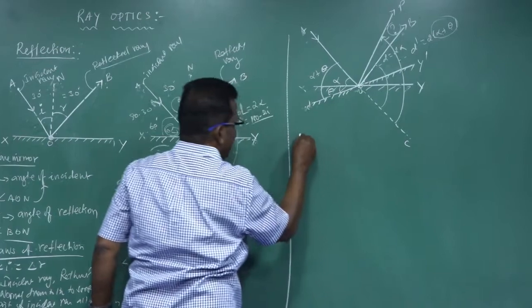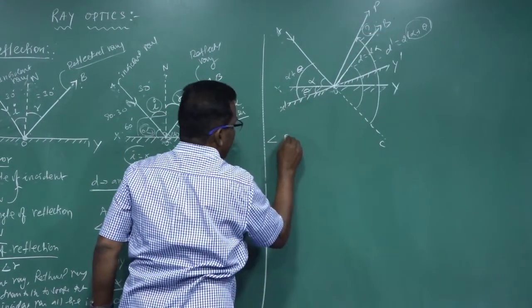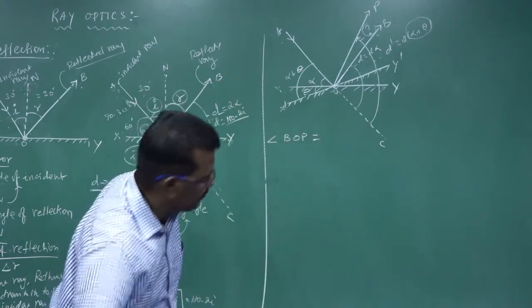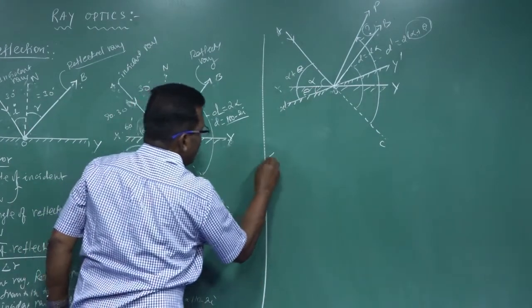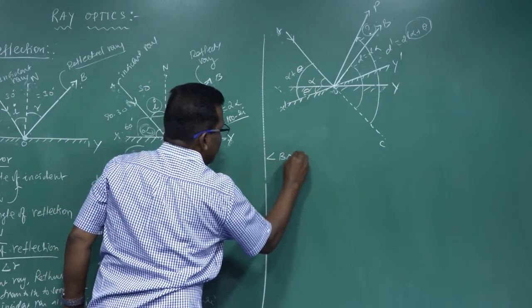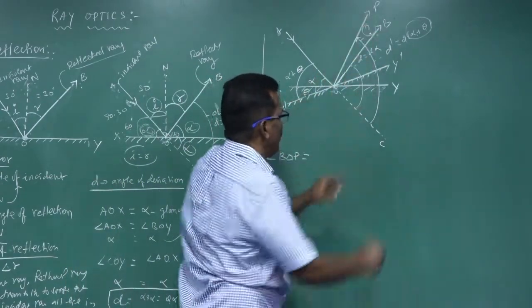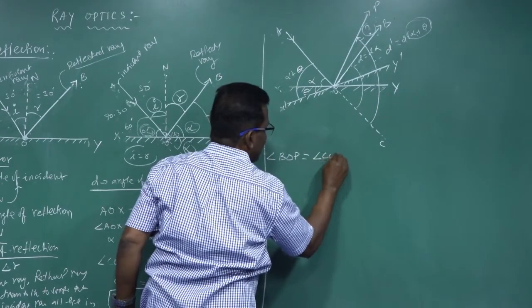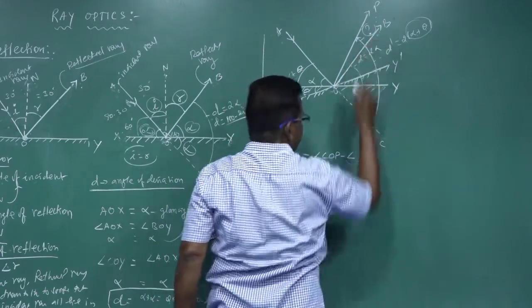The angle BOP is equal to angle COP minus angle COB.